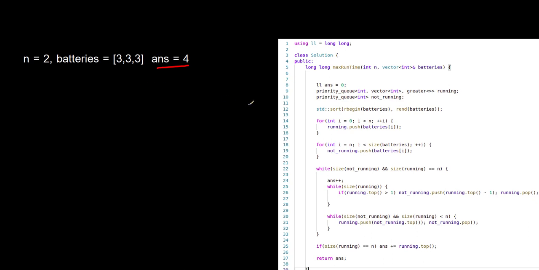Now, the brute force solution for this question is by creating two priority queues. Running holds the batteries currently being used, and this is a min priority queue.